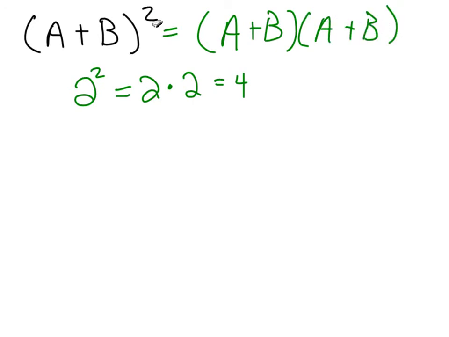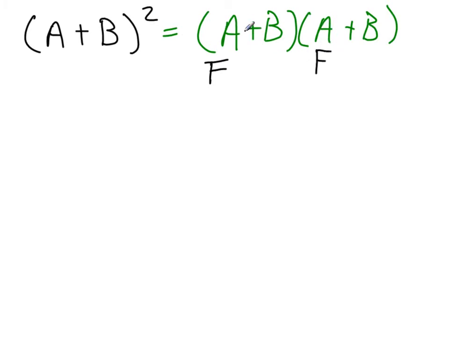Now, after we've written that out, we have a binomial times a binomial, in which we're going to FOIL. So we take the first term times the first term. A times a. Well, they're the same base, so we add the exponents. Their exponents are 1. 1 plus 1 is 2, so we have a squared. Let's do outers. We have a times b.